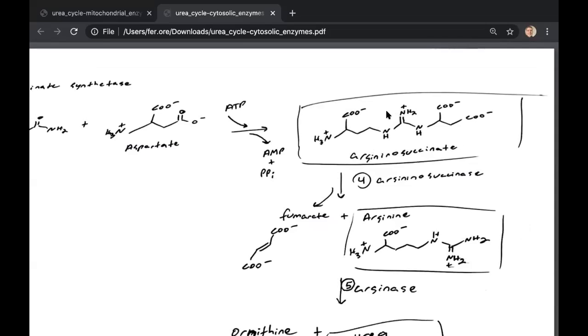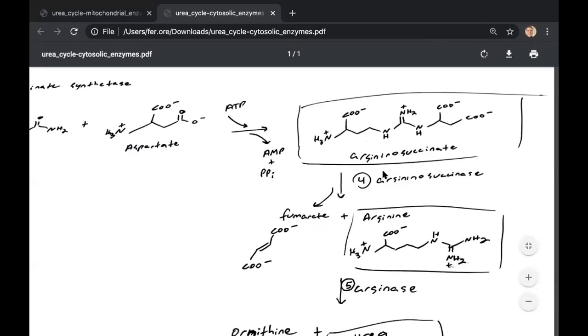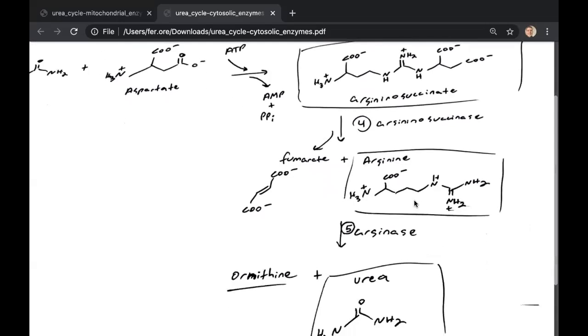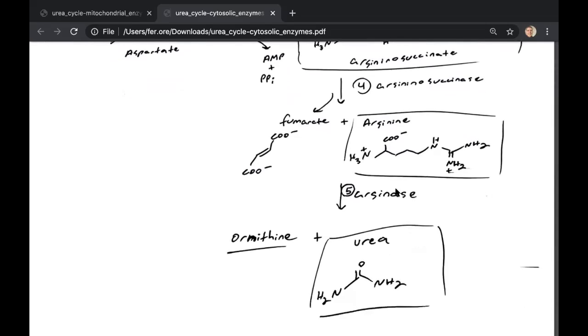This molecule is going to interact with step 4 here, mediated by this enzyme argininosuccinase. And this enzyme mediates a cleavage of this molecule to yield fumarate, which is actually a metabolite of the Krebs cycle, and that can feed into that, and arginine, another amino acid. Now, arginine is going to feed into the final step of this, mediated by arginase.